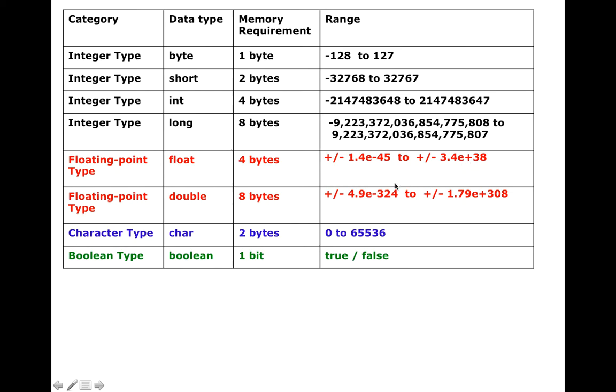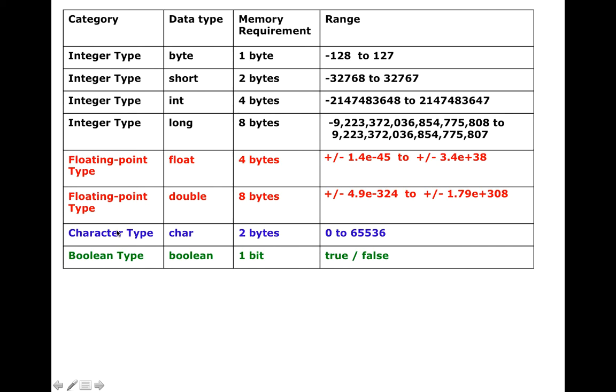On the positive scale, it is plus 1.4 into 10 raised to minus 45 to plus 3.4 into 10 raised to plus 38. So that way you have the range of double also.